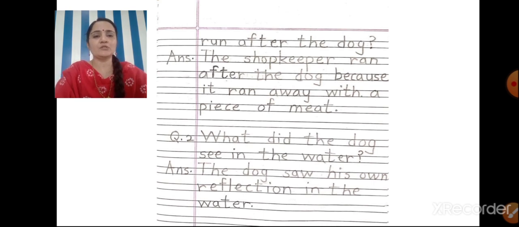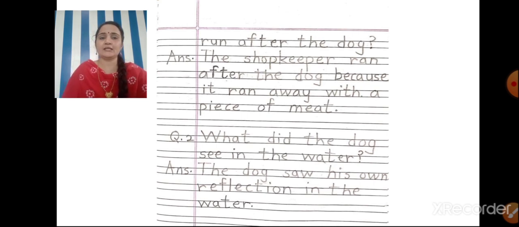See here how teacher has written, and then you write nicely. What did the dog see in the water? What? W capital. What did the dog see in the water? Again put a question mark.